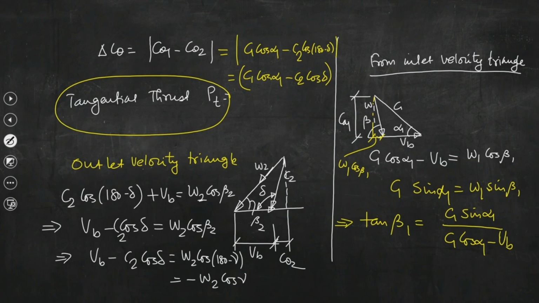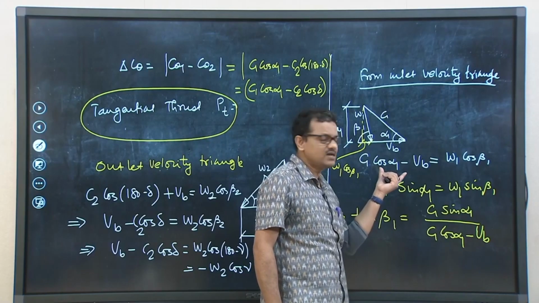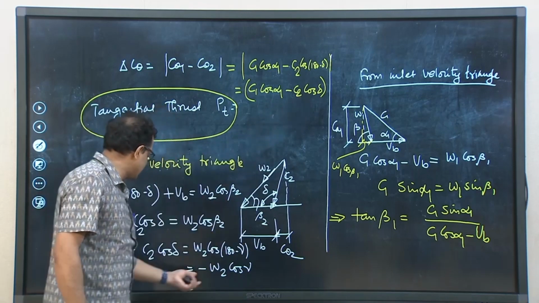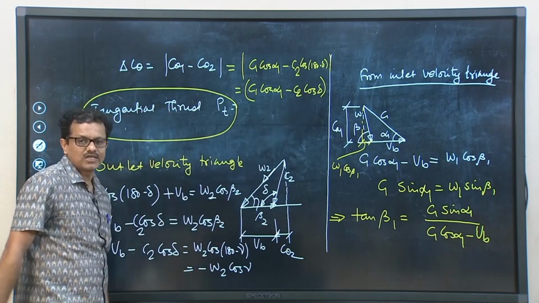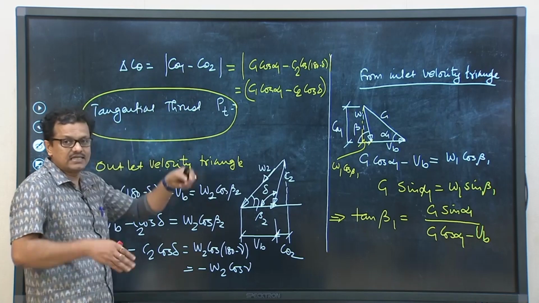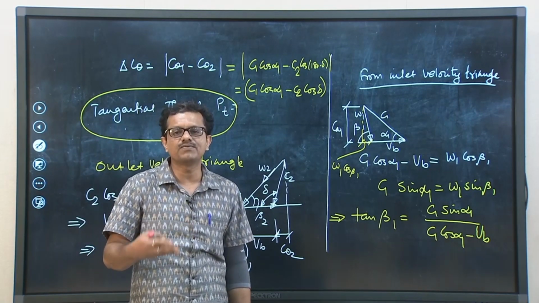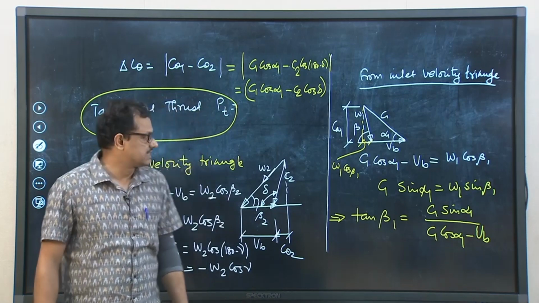We can have C2 cos delta from this expression, and also C1 cos alpha 1 from this expression. You know that C1 cos alpha 1 minus Vb is equal to W1 cos beta 1, from there we can calculate C1 cos alpha 1. Similarly, C2 cos delta we get from this expression. So, knowing these two expressions, we can quantify the change in whirl component of velocity, and that particular component is responsible for the tangential thrust.